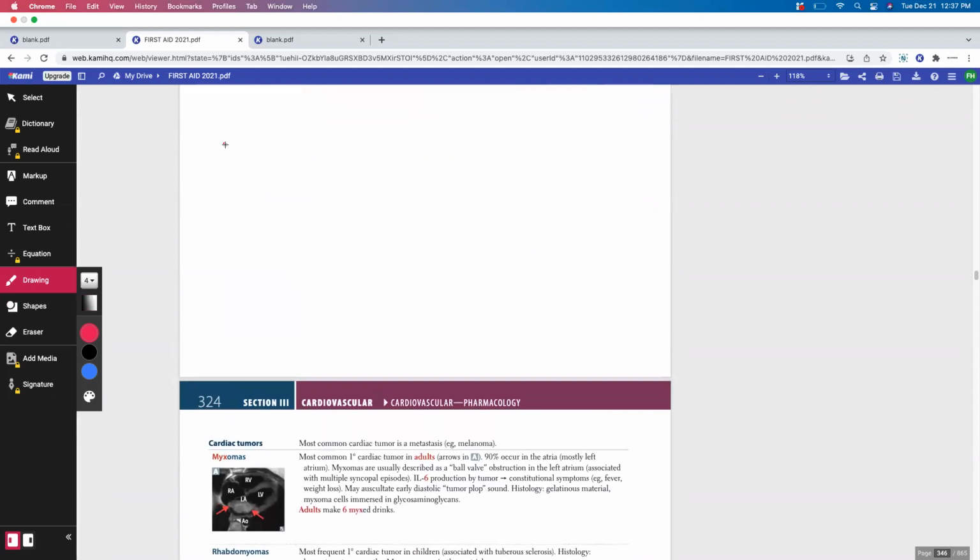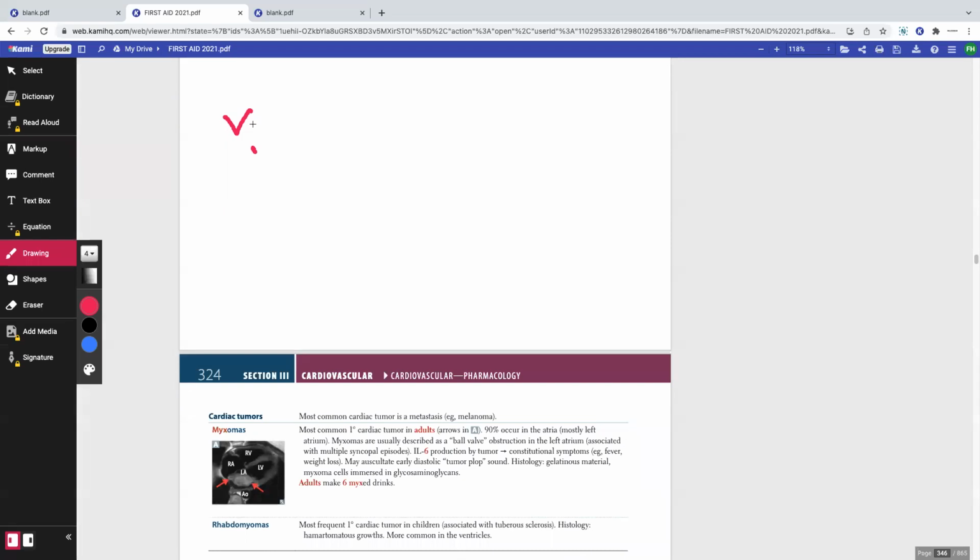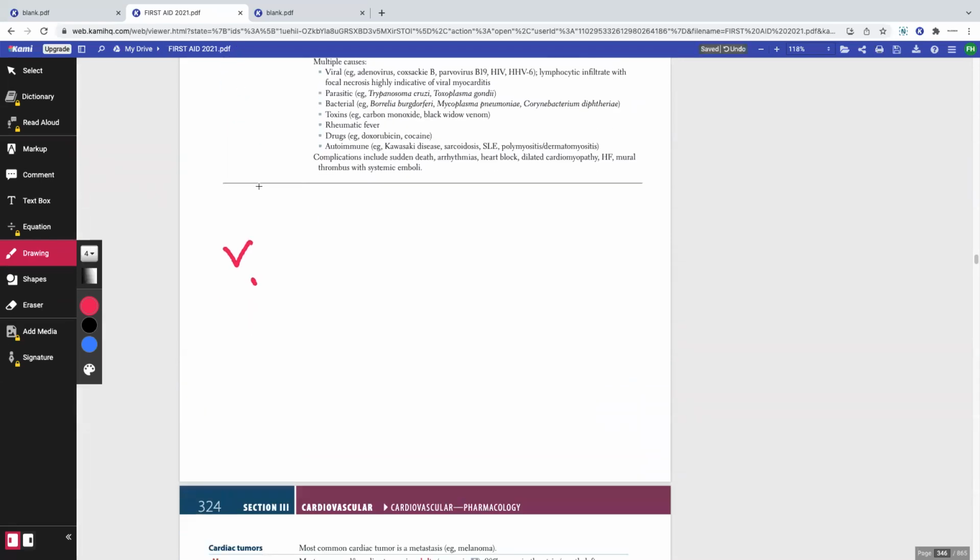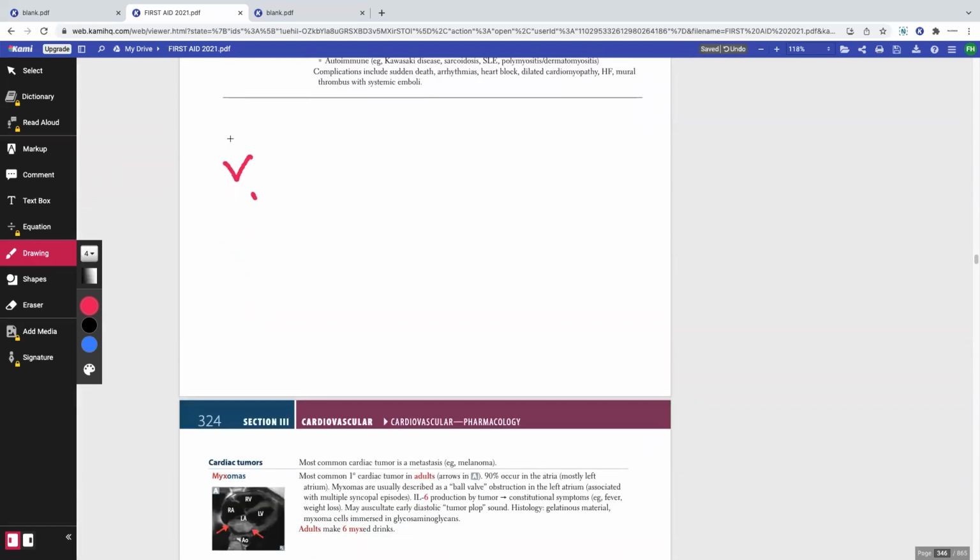For example, nowadays, are you guys aware that coronavirus can affect the layers of the heart? Patients have died due to myocarditis, pericarditis, and all of those things. The answer is yes.